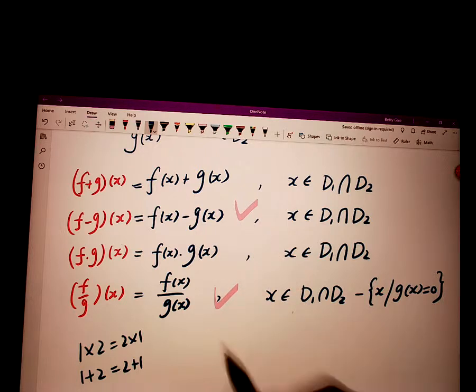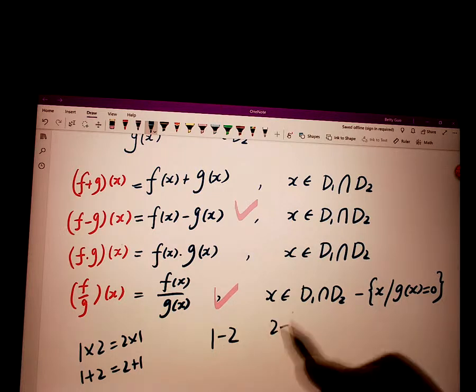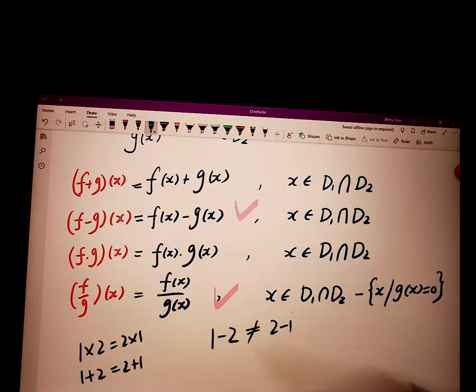For example, 1 minus 2 and 2 minus 1, are they the same? Of course not the same, right? They are opposite. And the division, 1 divided by 2 and 2 divided by 1, are they the same? Of course not the same, right? They are reciprocal. Do you see what I'm saying?